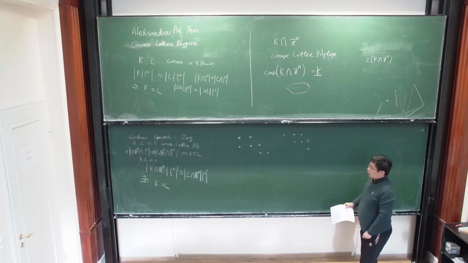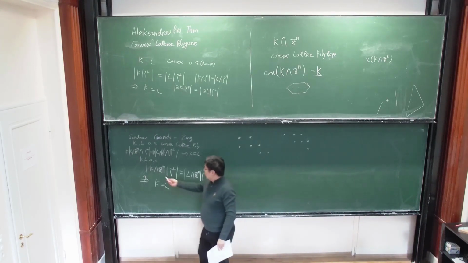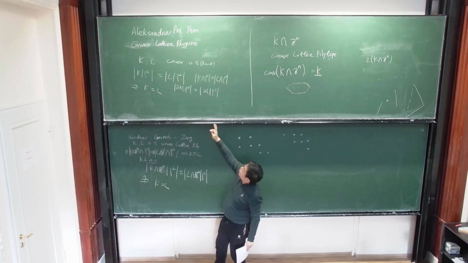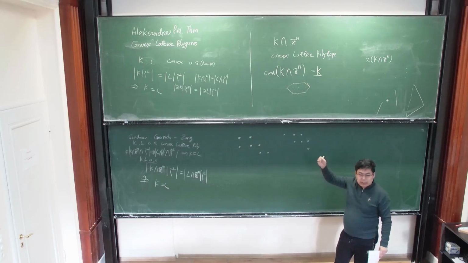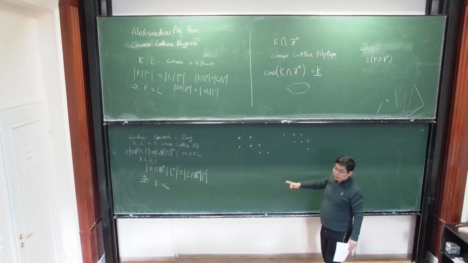That's why you need origin symmetry. And by the way, the original theorem, Aleksandrov's theorem, also needs this kind of origin symmetry. Otherwise, you can get counterexamples just by the cosine transform, because the cosine transform only kills the odd part and leaves the even part. So adding any odd part will give counterexamples.